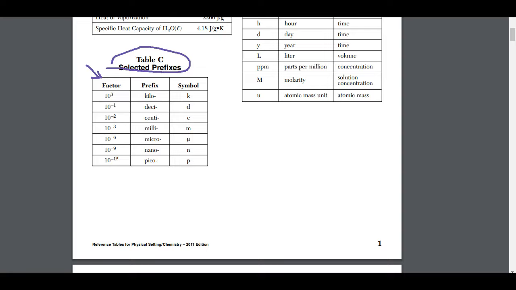A lot of students, including some of my own still, will slide the decimal using King Henry's Drunken Uncle drinks chocolate milk. Now, there aren't too many questions that usually show up as far as a conversion factor for the metric system. But if you needed to take a look, of course, you would look at reference table C.